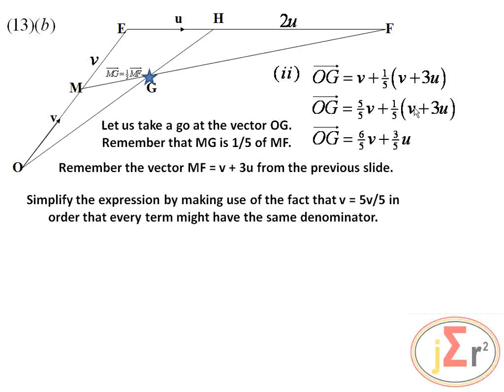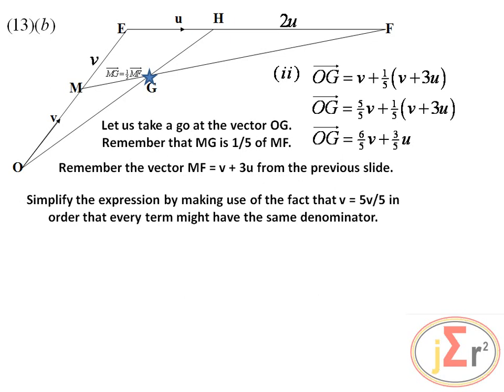So we will have what? 5V over 5 plus V over 5 is 6V over 5, or 6 over 5 V. And we have 3 over 5 U. As good mathematicians, we develop the capability of seeing where the problem is going before we get there.